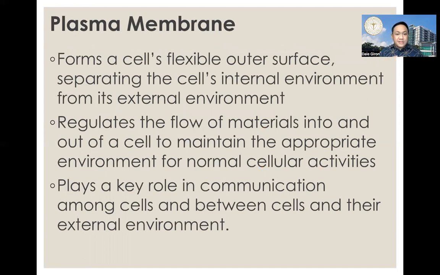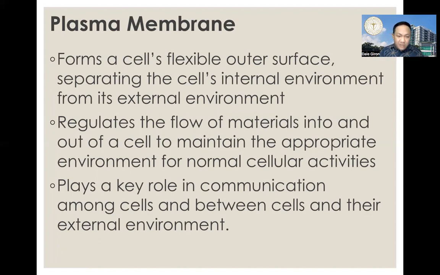It forms a cell's flexible outer surface, separating the cell's internal environment from its external environment. Another function of the plasma membrane is that it regulates the flow of materials into and out of the cell to maintain the appropriate environment for normal cellular activity.